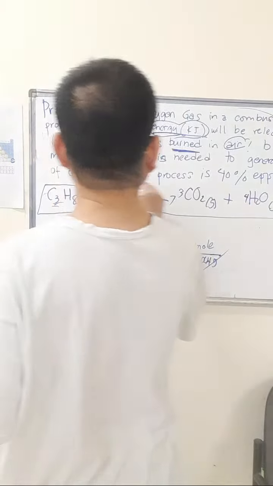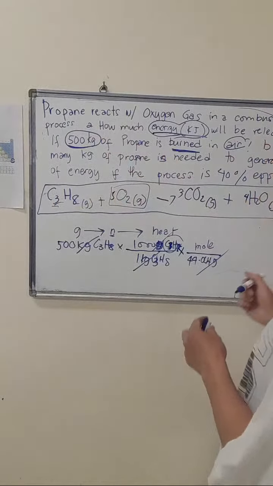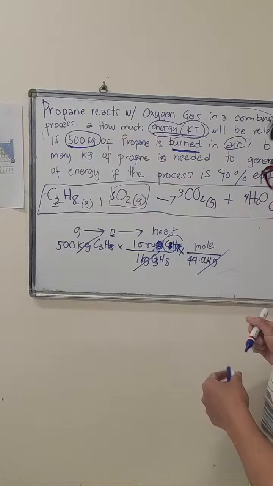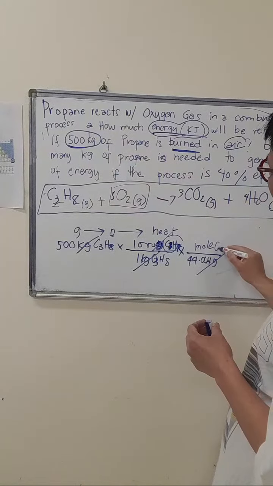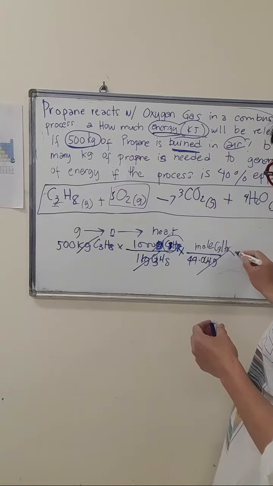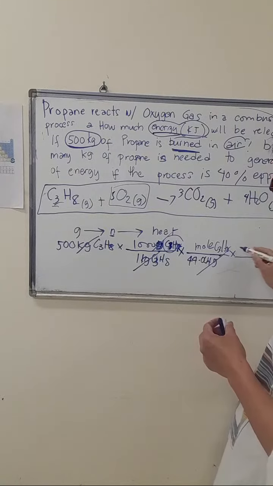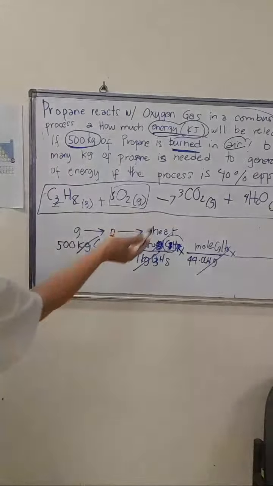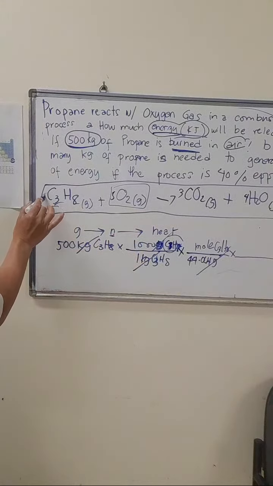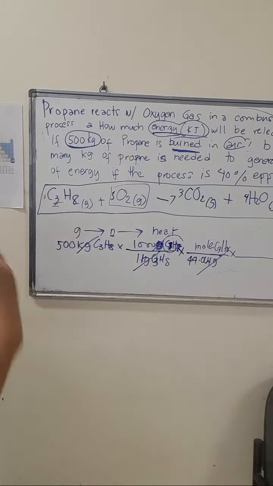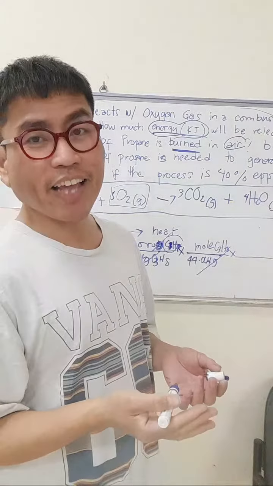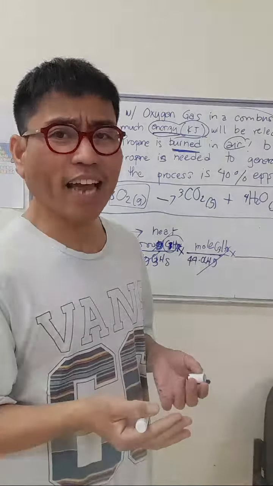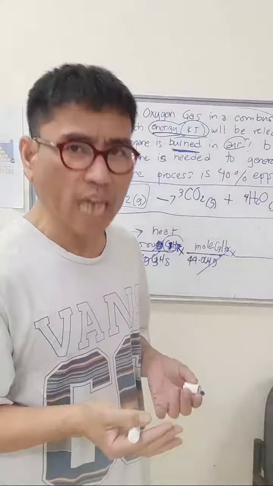Now we proceed back to our dimensional analysis of the computation. This is moles of propane, and look at it in the chemical reaction. The mole of propane will be in the denominator. So check here, the propane has only 1 mole, because the mole is expressed beside the element and the compound.